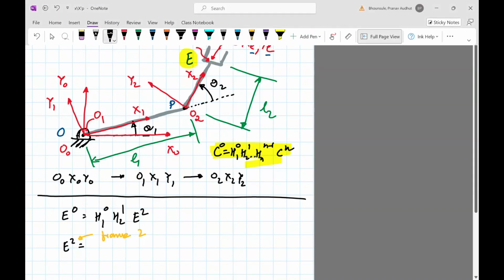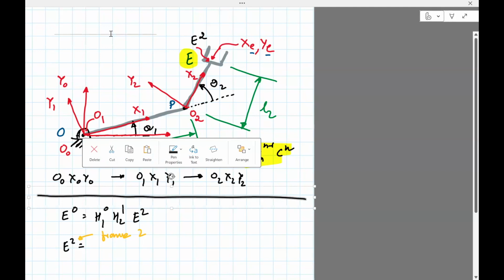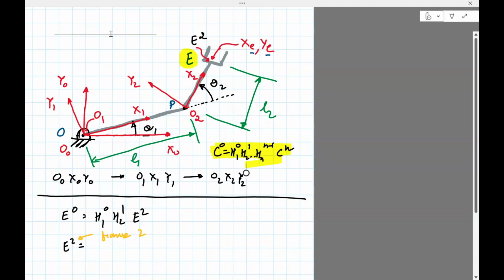Its coordinate in frame 2 is simply, the point is simply along the x2 axis. So if it's along the x2 axis, its coordinates are simply L2, 0, 0. You should put L2, 0, 1. Okay, so these are the coordinates of E in frame 2.